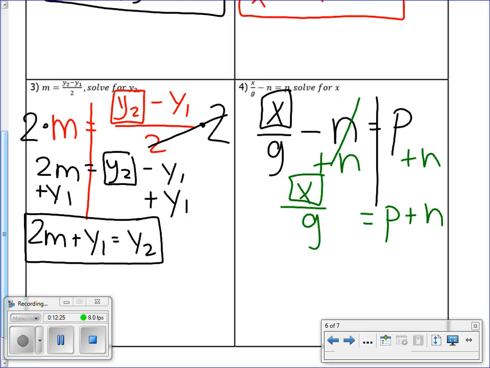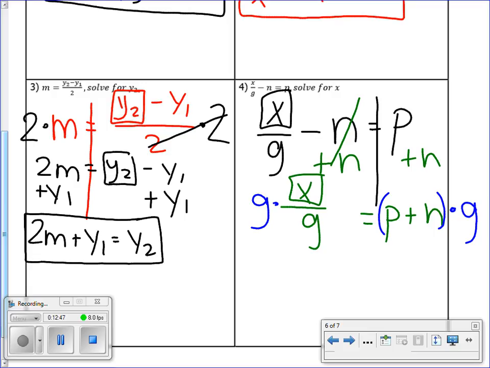Now, because the fraction is all by itself on the left, now you can multiply both sides by the denominator. So we would multiply both sides by g. Now, a little bit different. On our right side, we have 2 terms. So that means you need to put parentheses around it and multiply the whole right side by g.